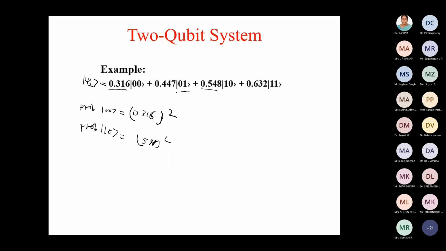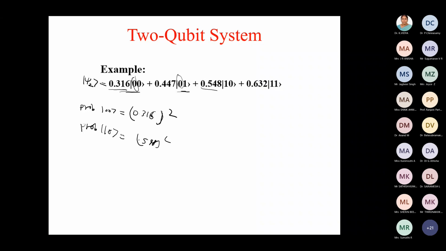If I get this state, then also I'm okay. So the sum of the probabilities of these two states is my desired probability, since in these two cases I will get 0 as the first qubit. So mod square of this plus mod square of this is the probability of getting the 0, 0 and 0, 1 states. In these two cases, my first qubit will be 0. Is it okay? Yes, sir.